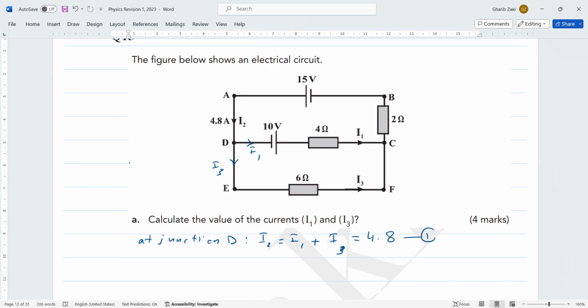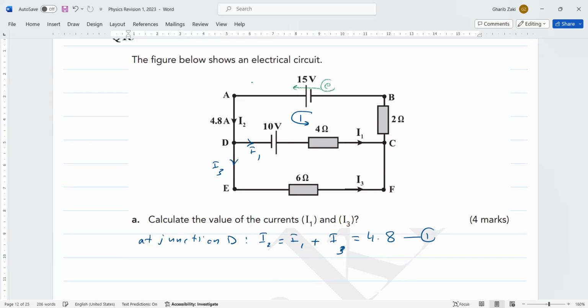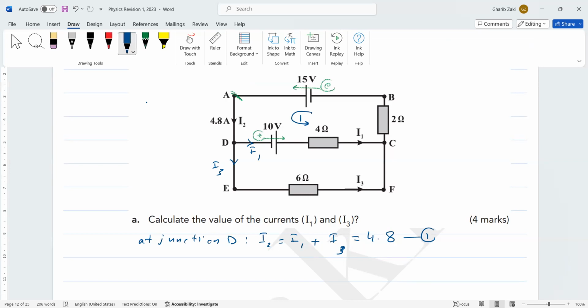Now, we use the loop. Now let us take this loop, say loop 1. Now we put the direction of electron flow. It's from negative to positive. This is the direction of electron flow. We start from any point. For example, we can start from the point A. So here it's 10 volt.